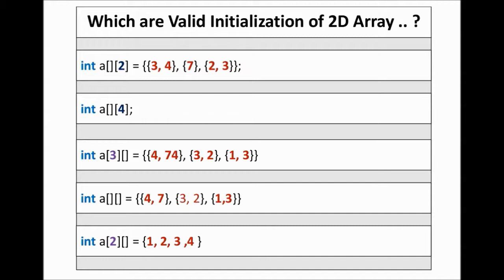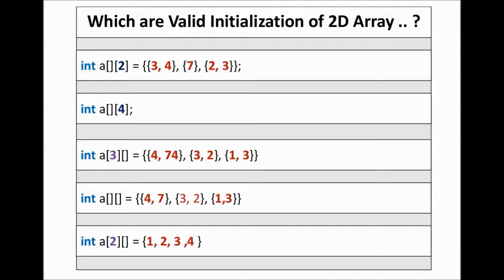In the second, we initialize another 2D array a. We did not give the number of rows, and the number of columns is equal to 4. The third one is int a[3][], with empty brackets, and we store values 4, 7, 4, 3, 2 and 1, 3.